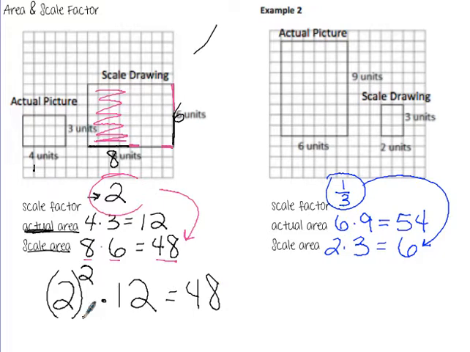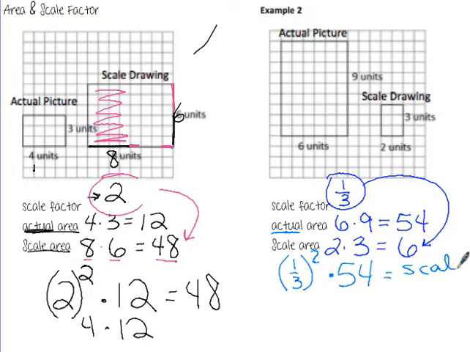So 2 to the second power is 4 times 12 is 48. So let's see if that works over here. So I have my scale factor is 1/3. And I'm saying that if I take that and square it, I should be able to multiply that by my actual area to get my scale area.